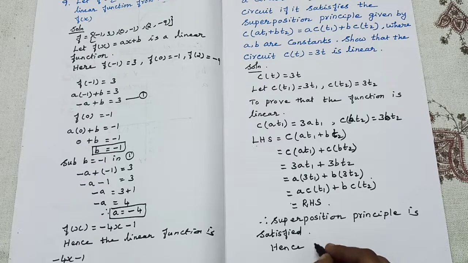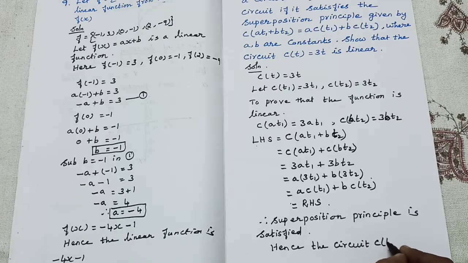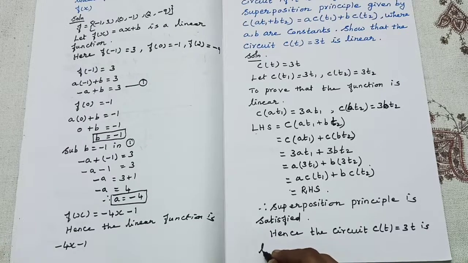Have you understood? Hence this function C of T equal to 3T is a linear function. We got the answer. Any doubt? Once again you check it.